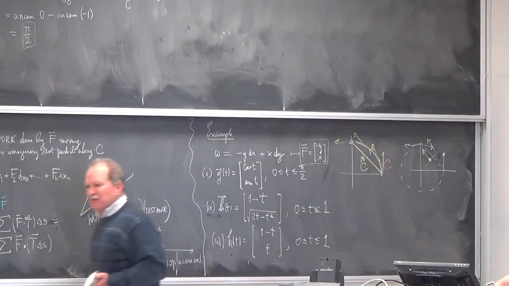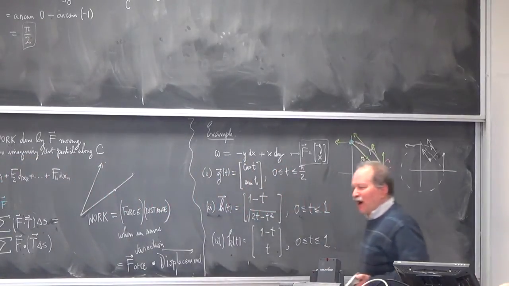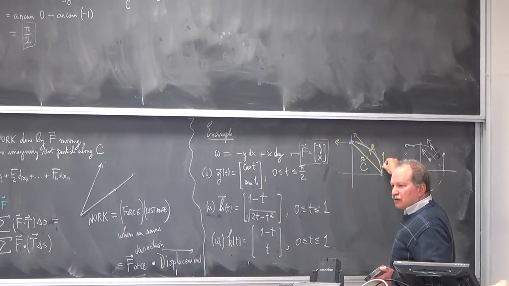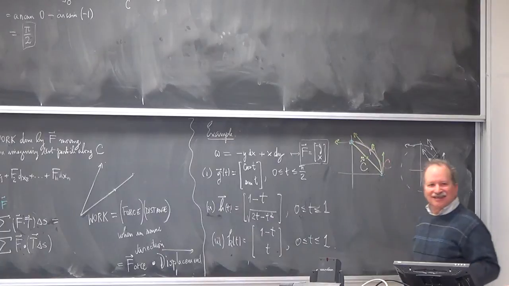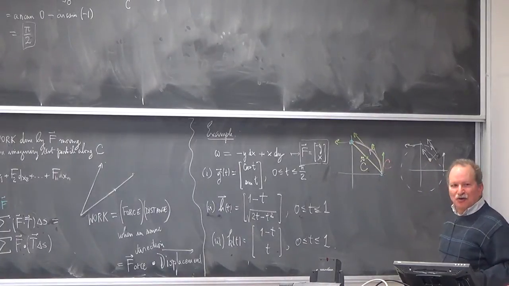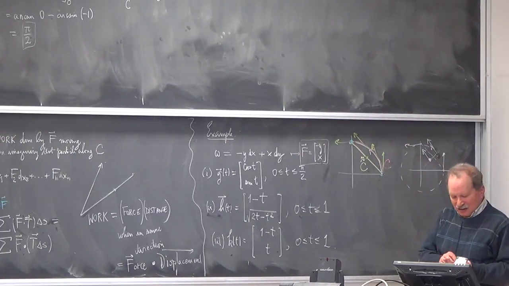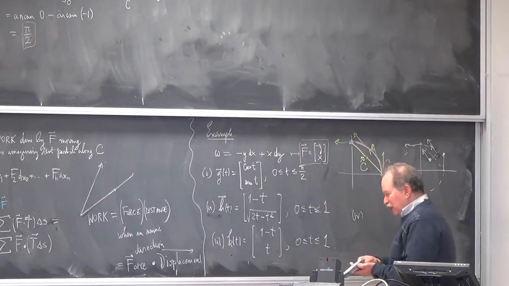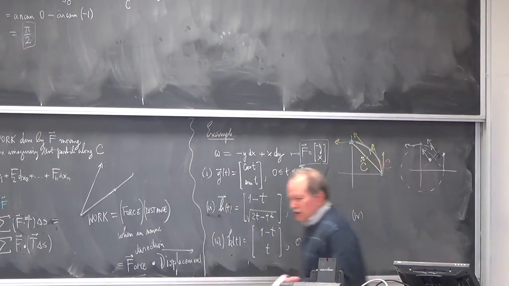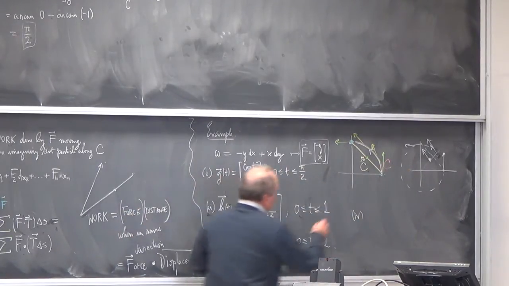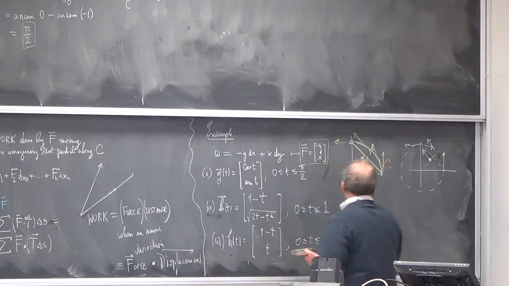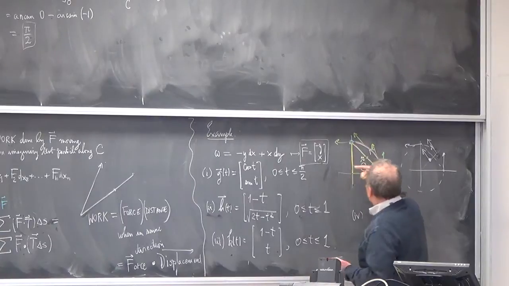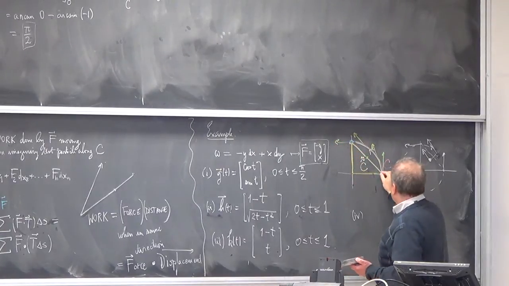Cameron's question was a good question, but I'm wanting him to figure out: can you find a curve that goes from here to here that's everywhere orthogonal to the vector field? Yes, you can. It's not smooth. What path do you have in mind? If you go along the x-axis, then go up the y-axis. Cool. Everybody see what he's saying? Cameron is suggesting a fourth path now, which I'm not going to write down equations for, but I'll draw on the picture. You could go along here, the vector field's always pointing vertically, and then you could turn the corner and go up here, the vector field's always pointing horizontally.